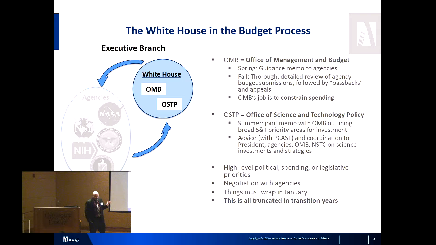For example, this administration, one of their big fiscal priorities, for President Trump and Director Mulvaney, has been cutting non-defense spending. And so the starting point for OMB in this most recent budget cycle was, and still is, from what we can tell, that the non-defense budget's got to come down. So everybody's got to plan on being cut. Within the science realm, at least in the FY18 budget, they may have had some other particular priorities.